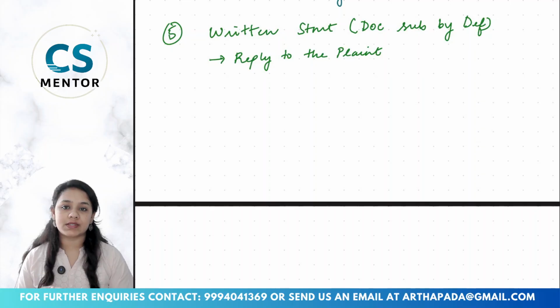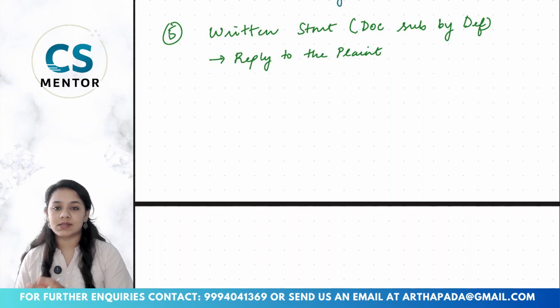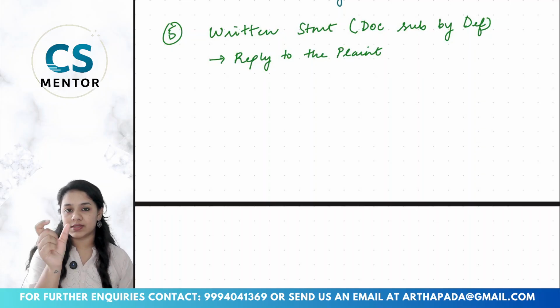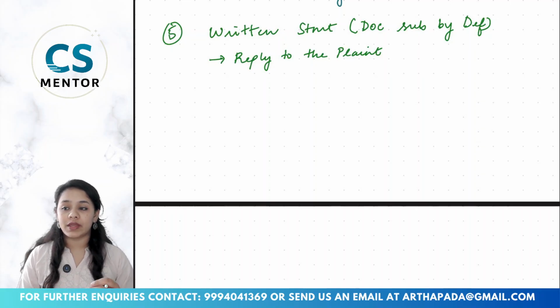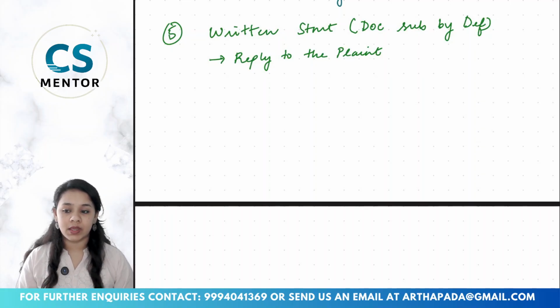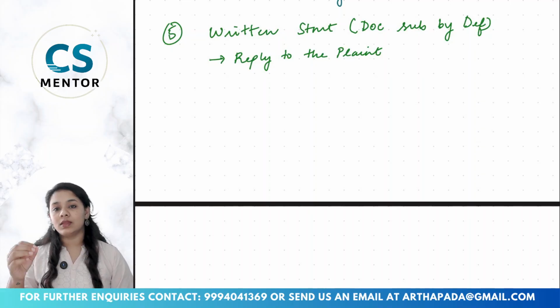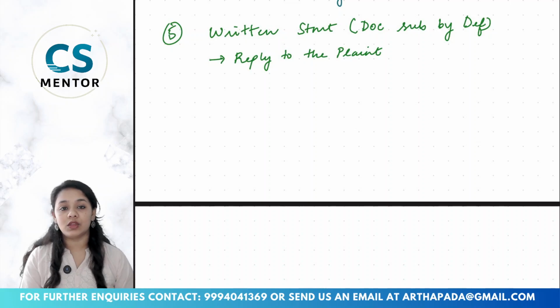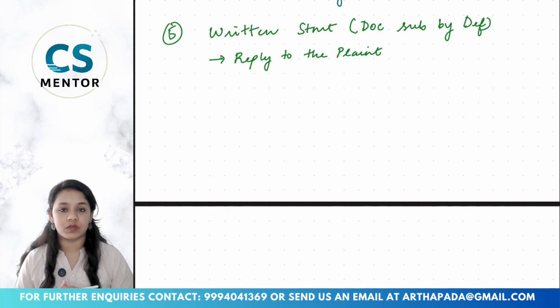So if, for example, in the plaint it is written that the sale deed was executed on this date, given in paragraph number 1, the reply in the defense statement will say that yes, there was a sale deed executed on so and so date. Then paragraph number 2 will say that Bhaskar has gone beyond the scope of the sale deed. And in this case, Bhaskar will say, no, I have not gone beyond the scope of the sale deed.